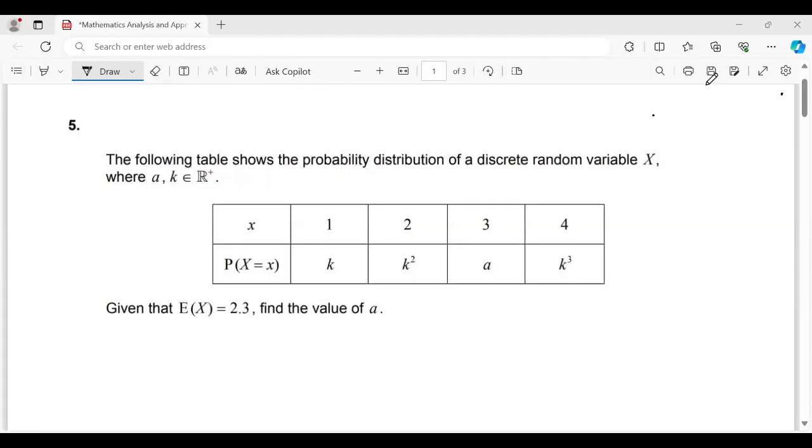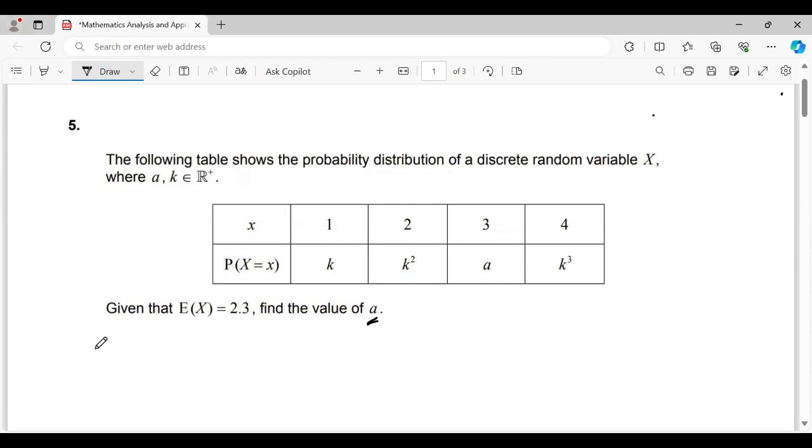Number 5. The following table shows the probability distributions of a discrete random variable x, where a and k are elements of real numbers. And the data is like this. Given that the expectation of x equals 2.3, find the value of a.